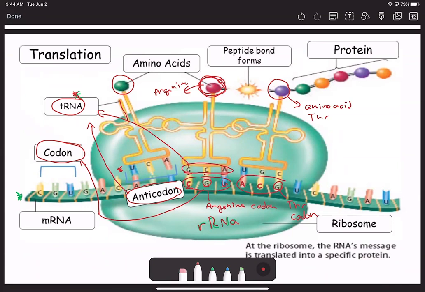The protein is not made down here. This protein is made outside, just above it.